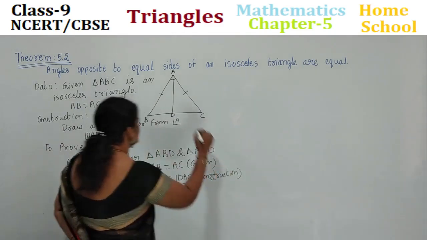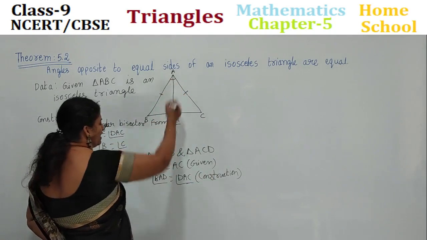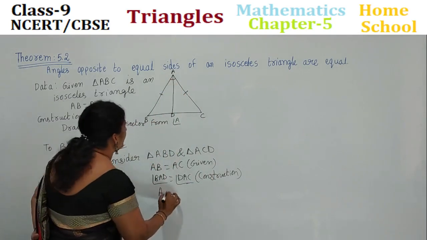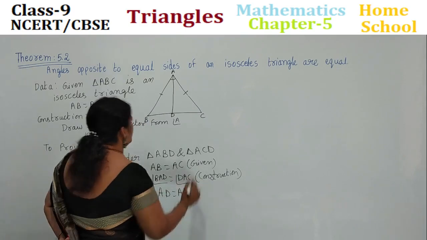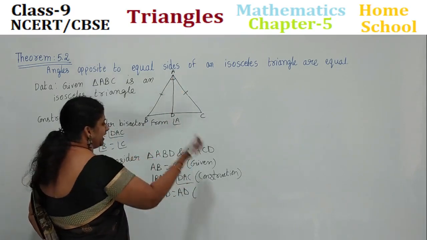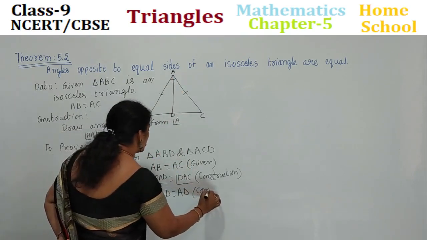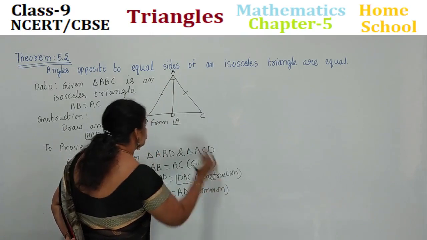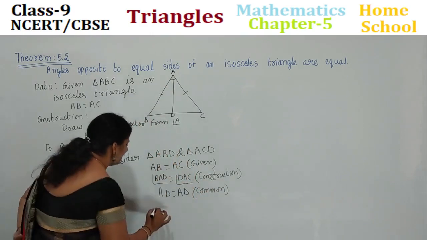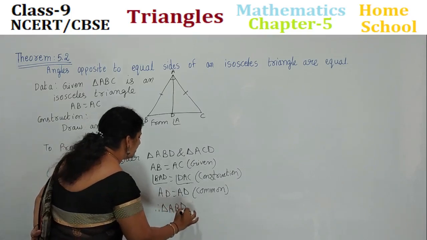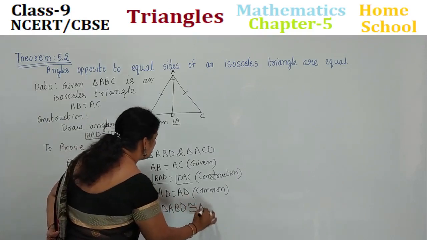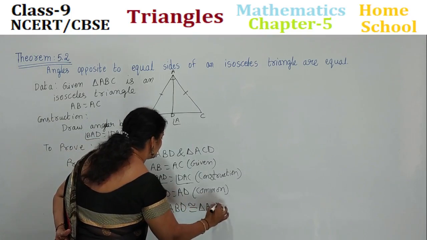By construction, through the angular bisector, these two angles are equal. AD is equal to AD. AD equal to AD means this is a common side for two triangles. Therefore, triangle ABD is congruent to triangle ACD.